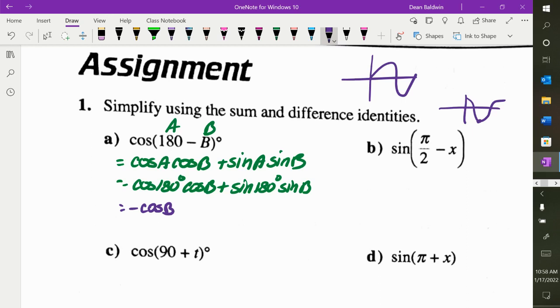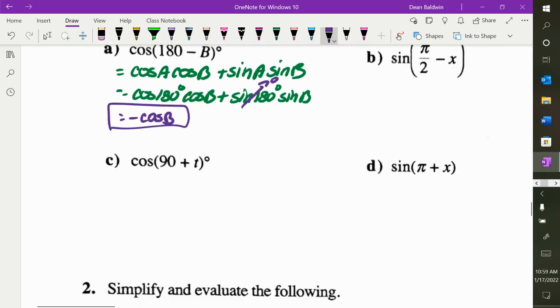What is sine of 180? 0. So what happens to the whole second part of the equation? It goes away. So what's my answer? Negative cos of b. That's it. That's all they want you to do for one: take it, expand, and if you have angles, figure out what those values are once you've expanded it. And then they'll go away.